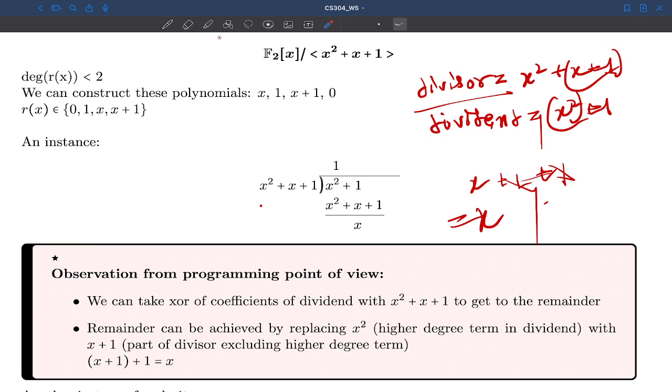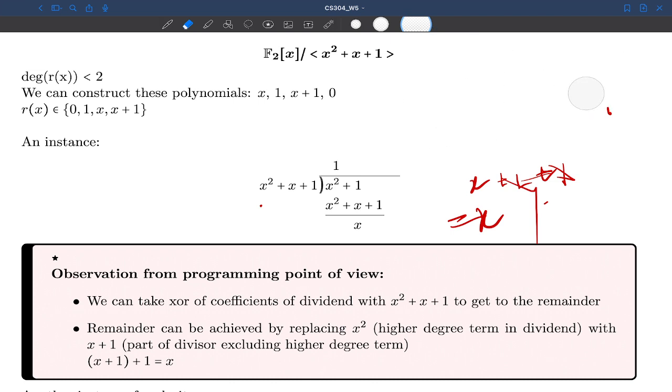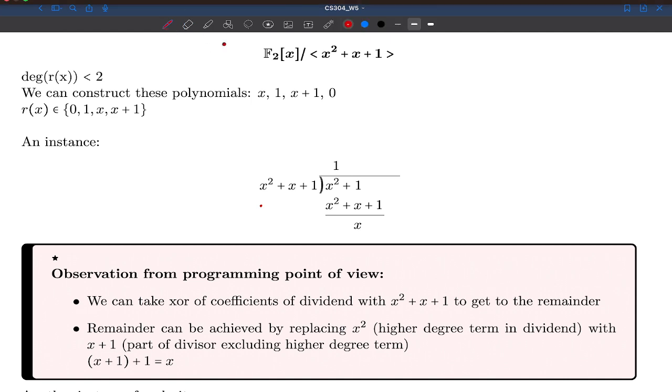Okay, so you might be thinking that it is working here, but in general, is it true? Does it happen all the time? Actually, it is an observation, and yes, it happens all the time.